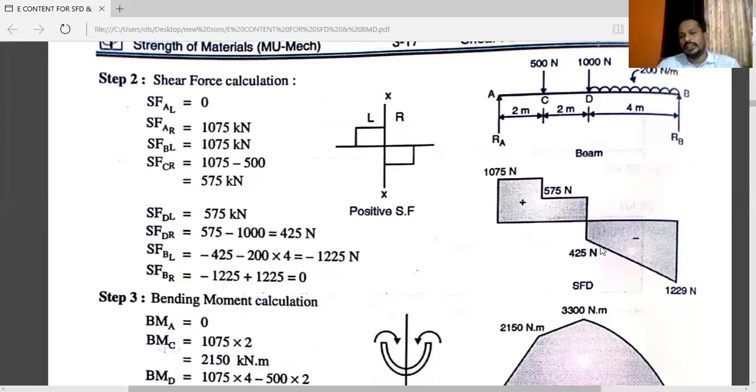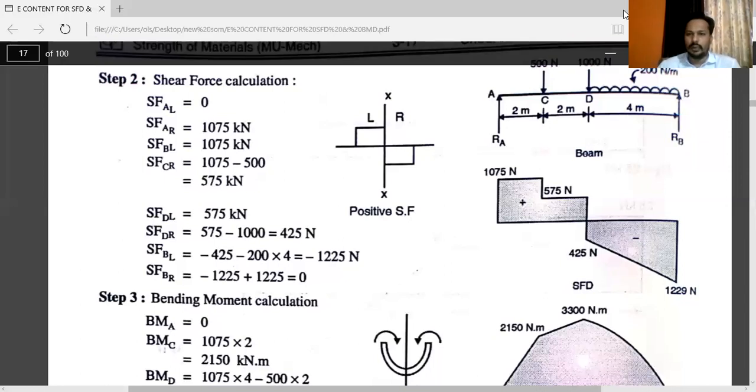The important thing is that from D to B the UDL is given in the diagram, so there will be an inclined line in the shear force diagram, down to 1225 Newton. You can see this is RB, that is 1225 Newton.